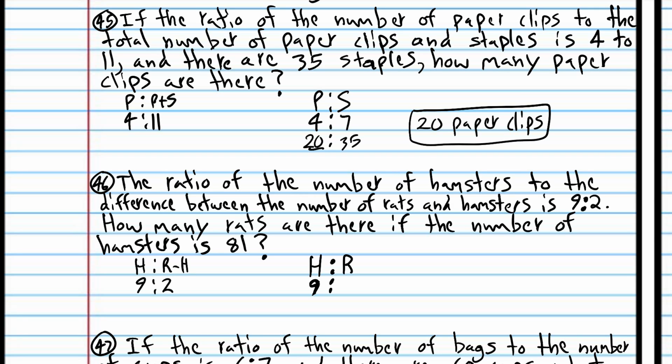So that means the number of rats minus the number of hamsters equals 2. But we already know the number of hamsters is 9, or at least the number we're using for the relation is 9. And so R minus 9 is 2. So what is R? Well, R has to be 11.